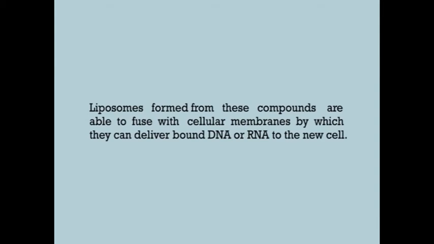Then the development of lipid and polymer-based carrier molecules having the capacity to bind nucleic acid led to the adoption of these compounds in transfection. Liposomes that are formed from these compounds are able to fuse with the cellular membranes, by which they can deliver this bound DNA or RNA to the new cell.